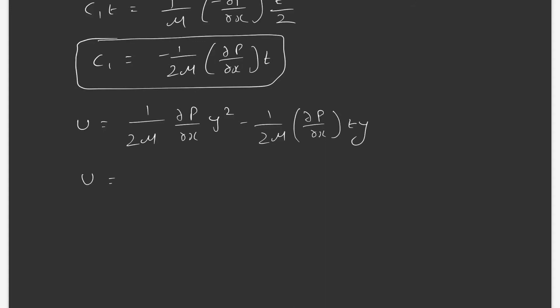We take common terms, what will happen? We'll write as same as we wrote there, where we got 1 by 4 mu into minus dou p by dou x. So we'll write in that same form only: 1 by 2 mu, take minus common, minus dou p by dou x into ty minus y square.